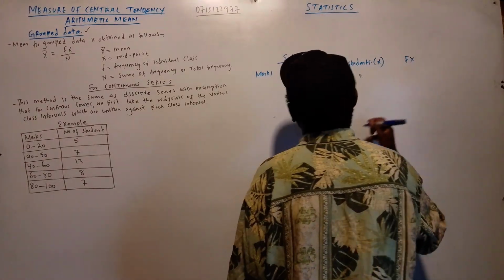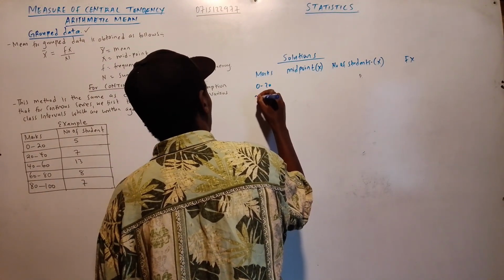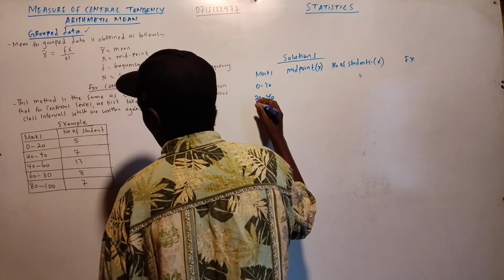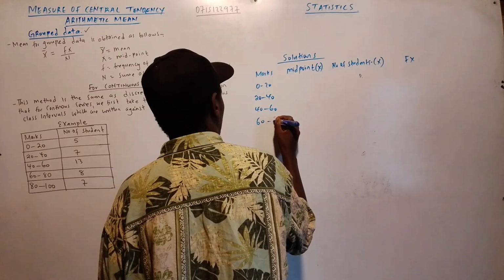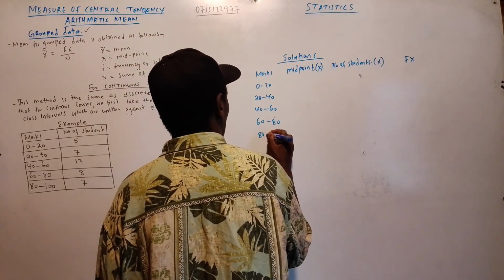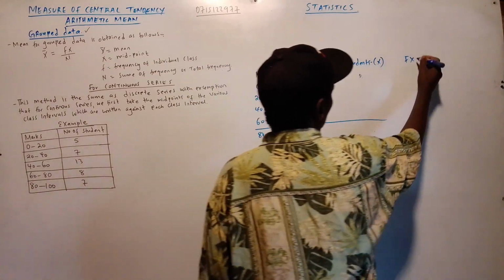So we have 0 to 20, 20 to 40, 40 to 60, 60 to 80, then 80 to 100. So we need to find the midpoint.